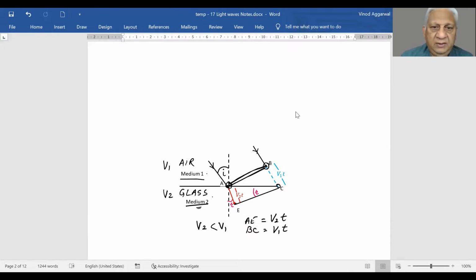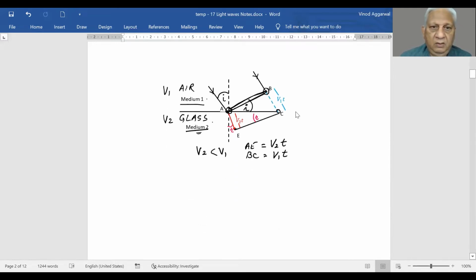Now if this is i, this is also i geometrically. So geometrically, if we see, what is sine of i? Sine of i is perpendicular, which is BC, by this hypotenuse, which is AC.